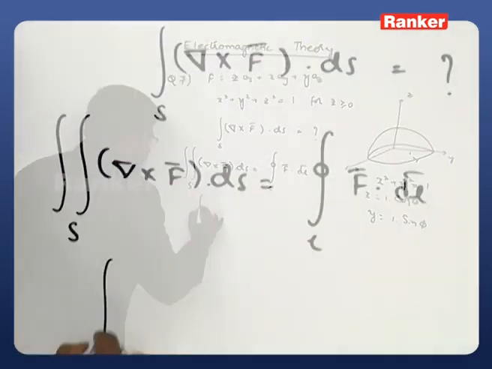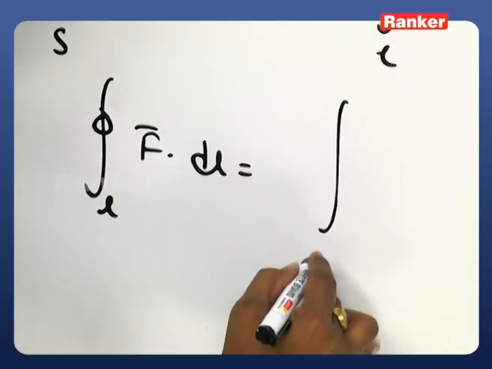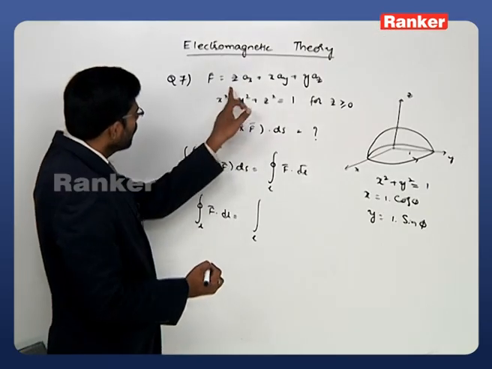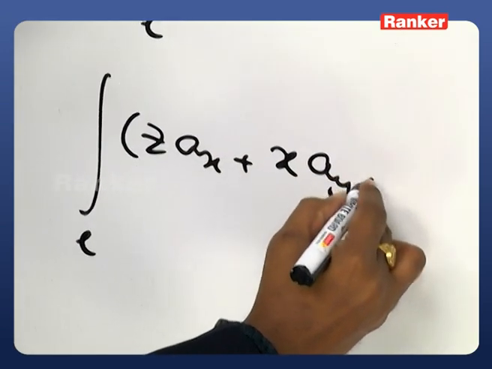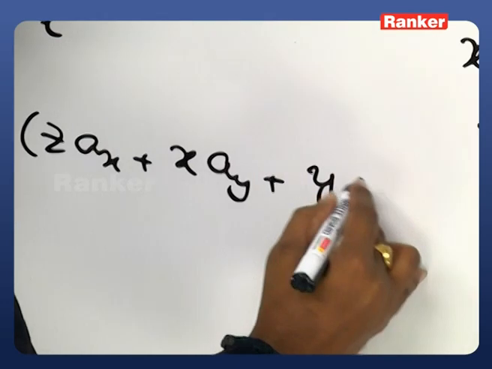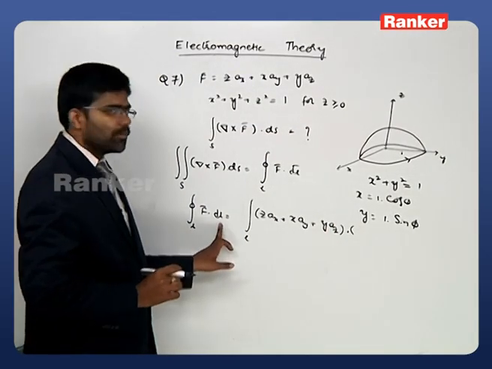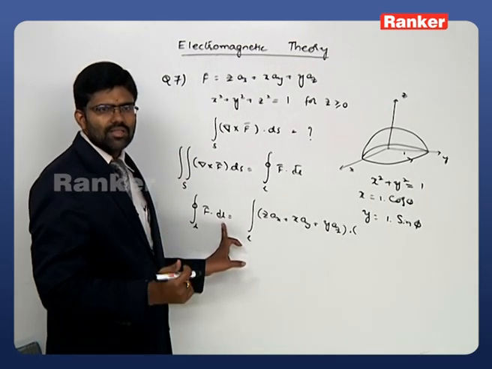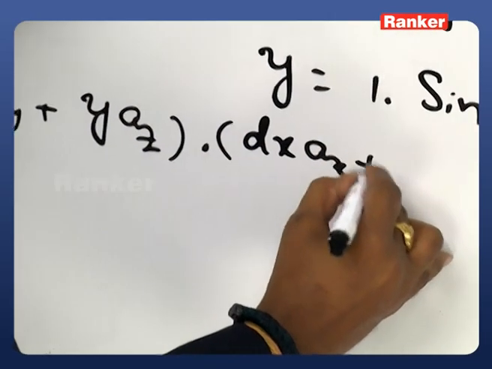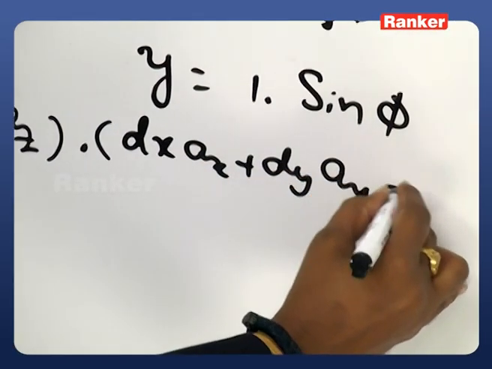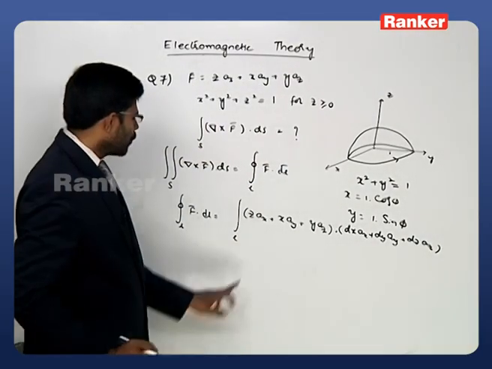For that, consider the closed line integral of F bar dot dL bar, which equals a line integral, as it is I am writing, F bar is z a_x plus x a_y plus y a_z, dot dL. The dL expression in our Cartesian coordinate system is dx a_x plus dy a_y plus dz a_z. So now go for the dot product.